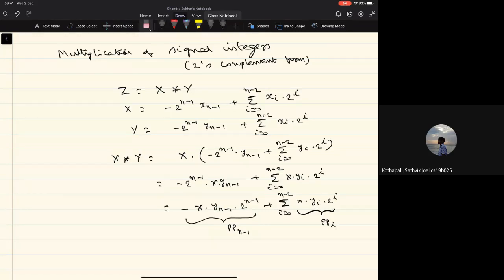So how do we compute the negative of any value when the given entity is in the 2's complement form? We simply perform the 2's complement operation. So after I get this x y n minus 1, 2 power n minus 1, we have to perform a 2's complement operation on that, and that resultant entity has to be added to the sum of all the previous partial products.